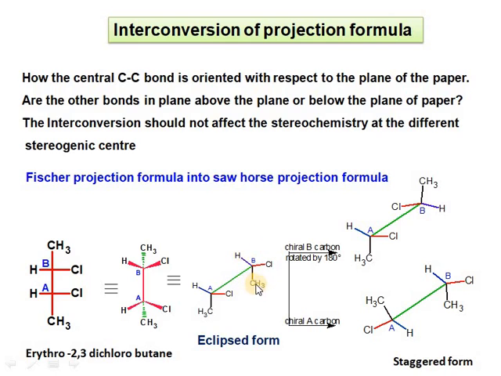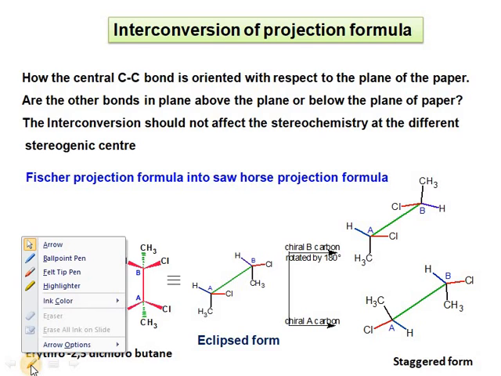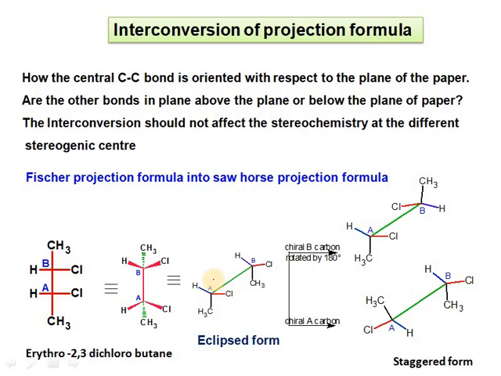Then we can rotate this group like this, anti-clockwise. Then what happens? This chlorine is on the left side, hydrogen is on the right side, and methyl is above. Right.